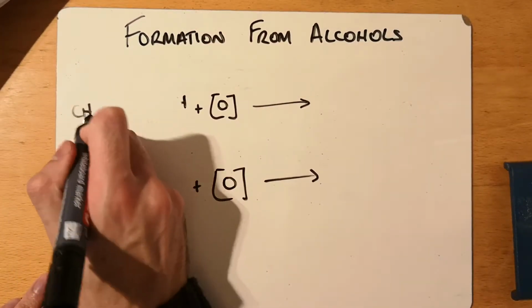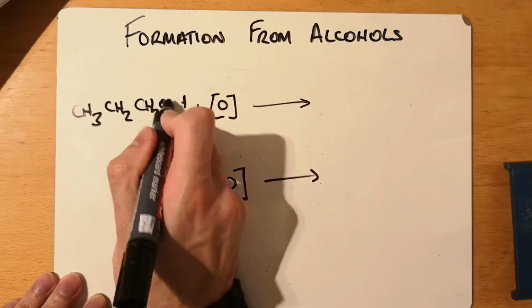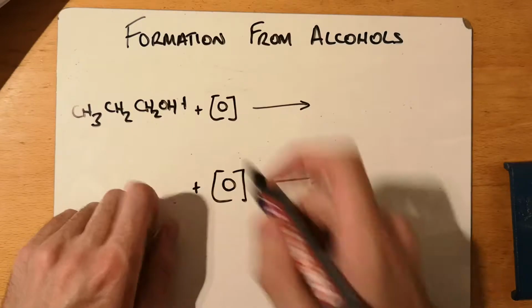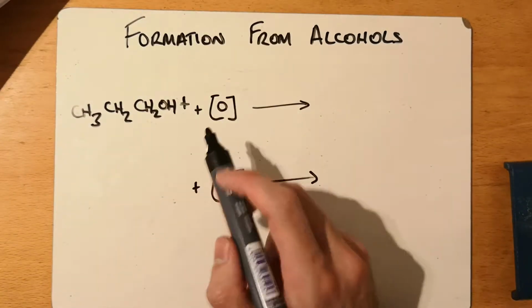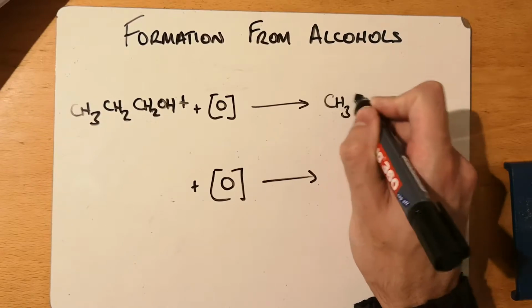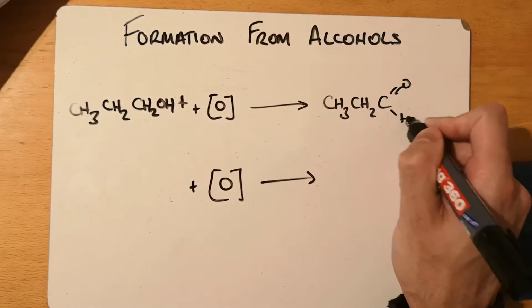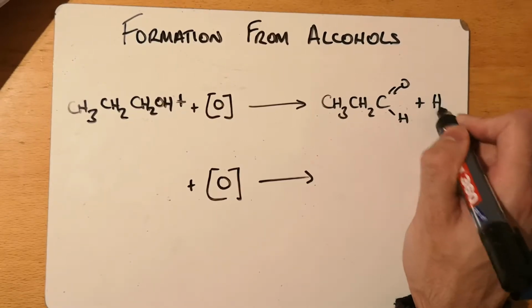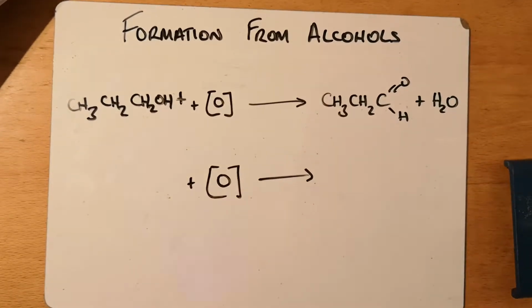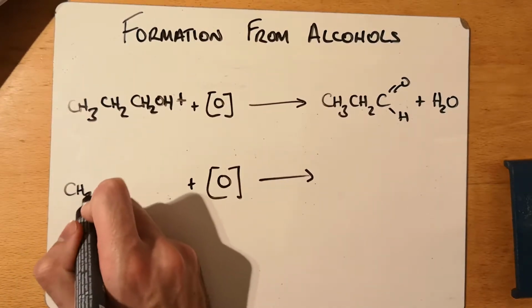So this, CH3CH2CH2OH, so that's propanol, plus my oxidizing agent is going to form my aldehyde plus water.